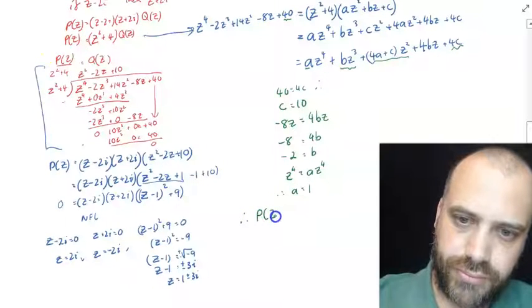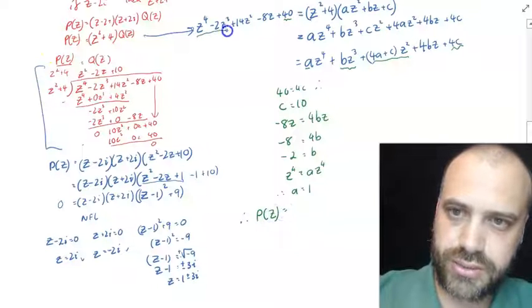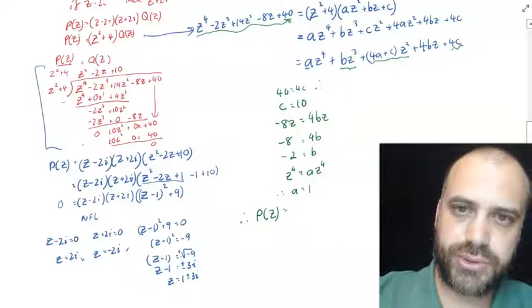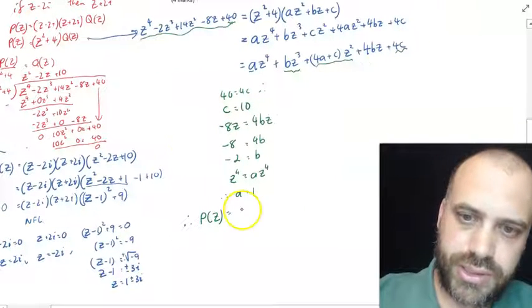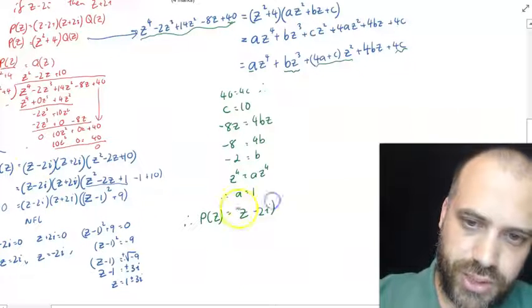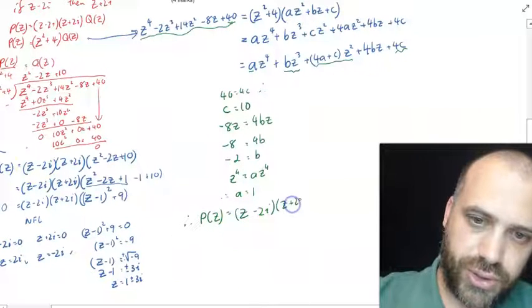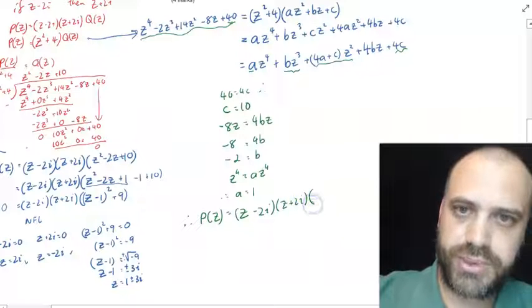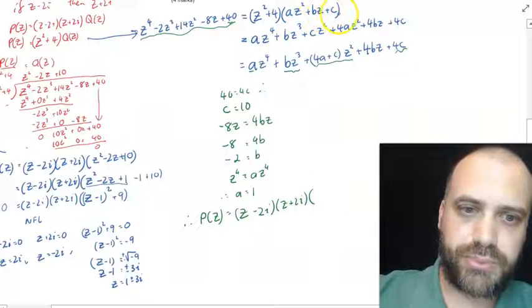And we end up in the same spot because now we can say, therefore, P(z), which is this thing here, is equal to z squared plus 4, which when we expand it is z minus 2i, z plus 2i, times this az squared plus bz plus c.